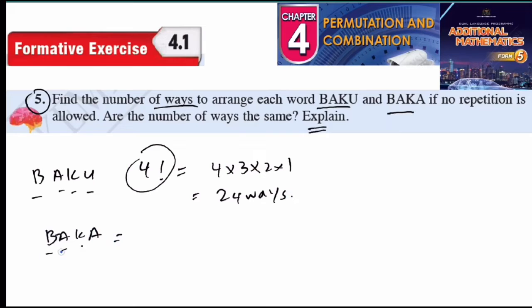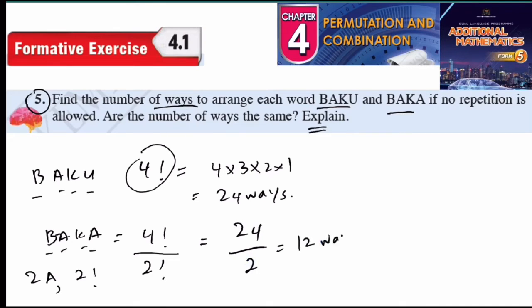If we want to arrange BAKA, we must consider that there are 2 identical A's, right? So we need to divide by the number of identical objects, which is 2 factorial. So the answer will be 4 factorial divided by 2 factorial. And of course the answer won't be the same.